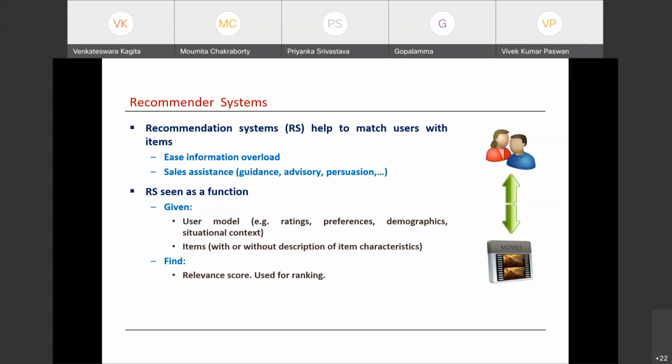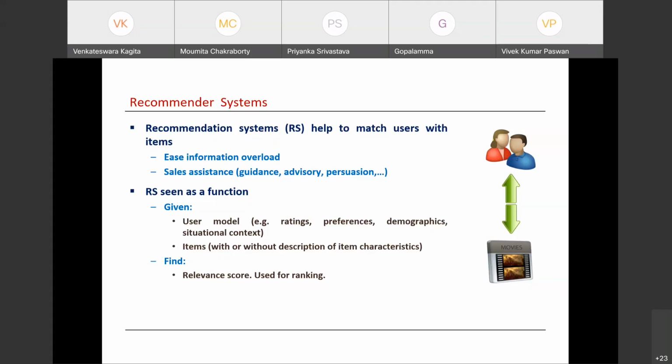Right, so the user model has the ratings, preferences, demographics, situational context. All this information is there in the user model, and also items with or without description of the item characteristics. So we have been given users and items, the user model and the items. What we need to find is to estimate the relevance score, how relevant an item is for a particular user.